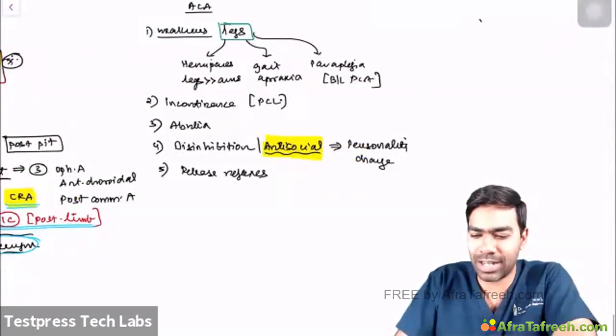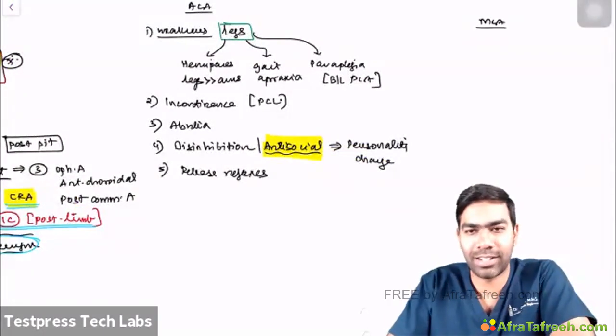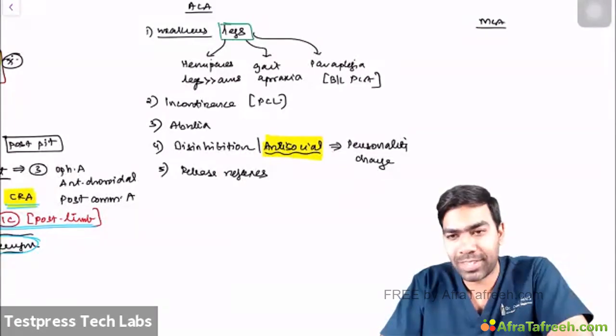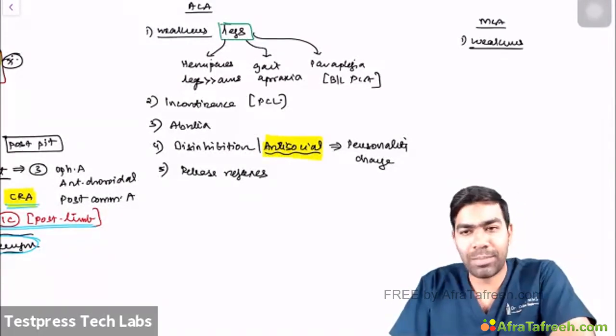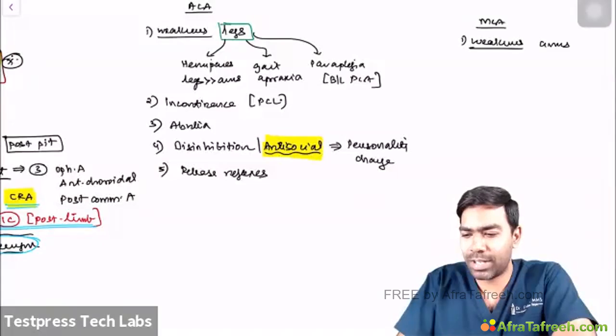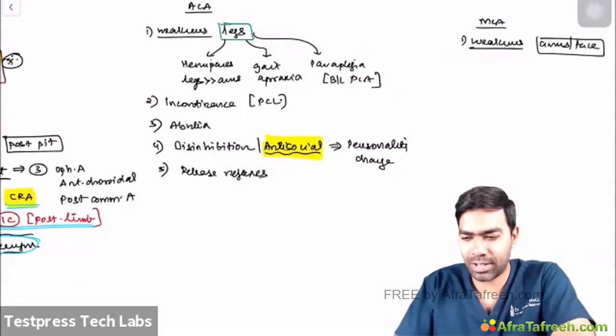Then what about the MCA large vessel infarct? MCA territory infarction. As far as MCA territory is concerned, once again you will get weakness in a distribution, and predominantly your weakness will be distributed in the arms and the face. So this is the most important characteristic feature of an MCA territory infarct.